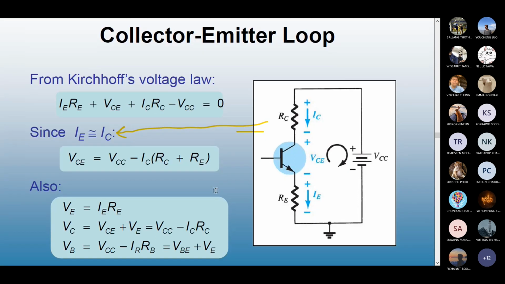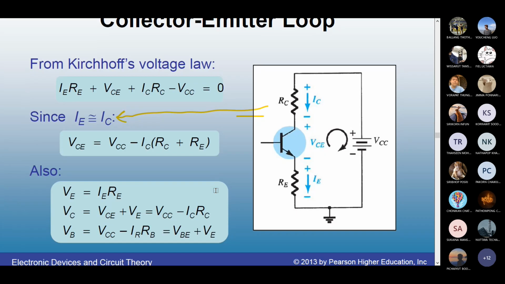Can everyone follow the analysis? Yes. Okay. Also VE equals IERE. This point is E. From E to ground, the ground voltage is 0.